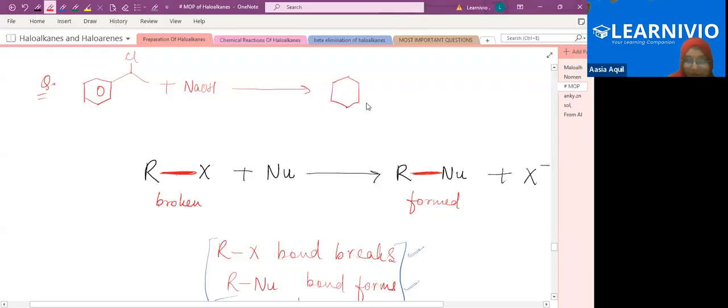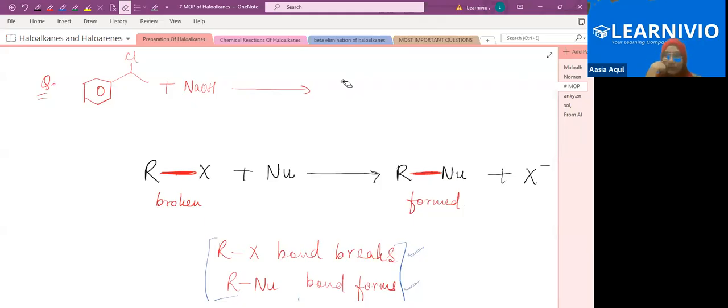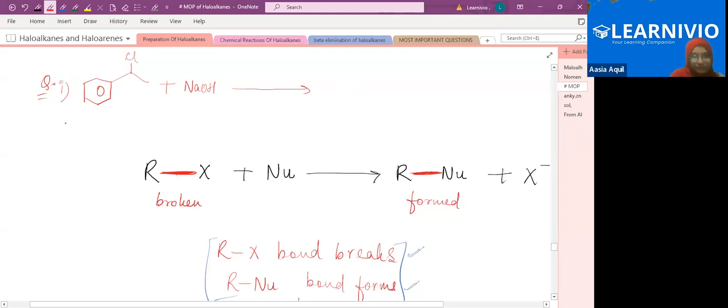Okay, so just tell me the product. And what is the nucleophile over here? And what will be the leaving group? Okay, in both the questions, just tell me the product and what is the nucleophile and what is the leaving group.